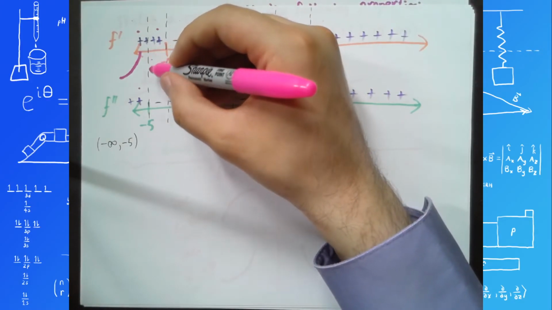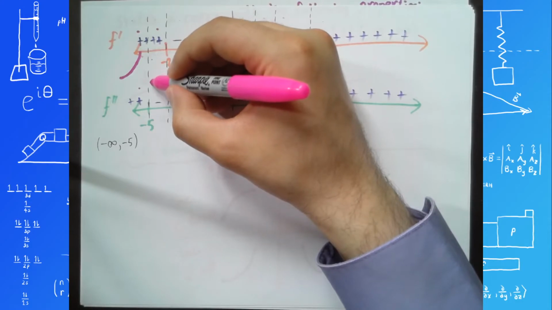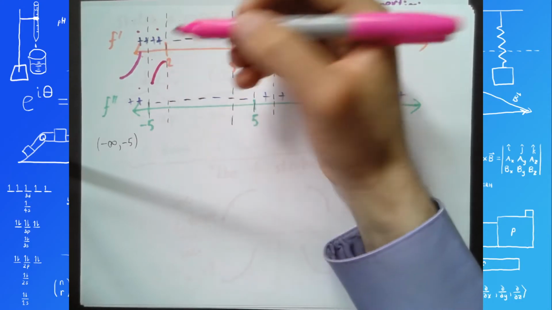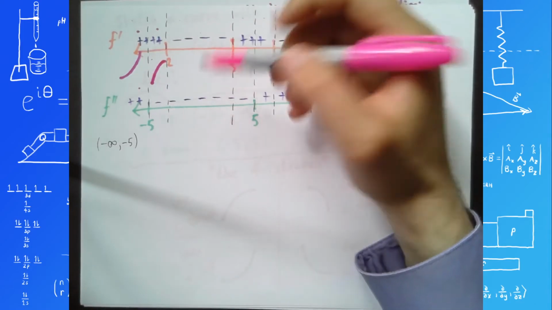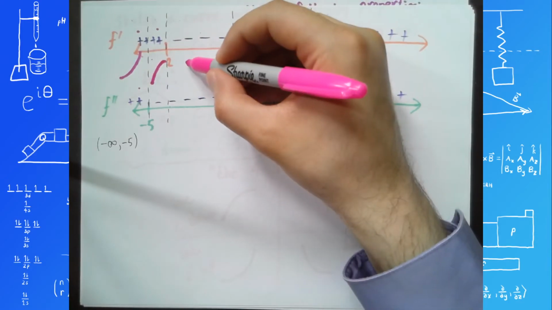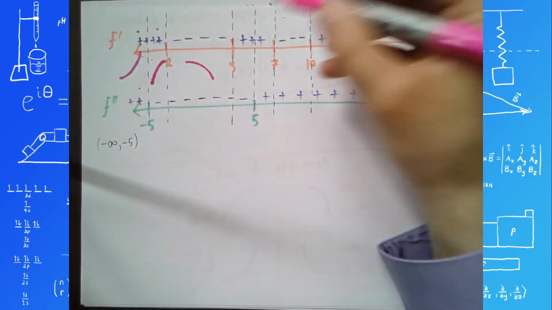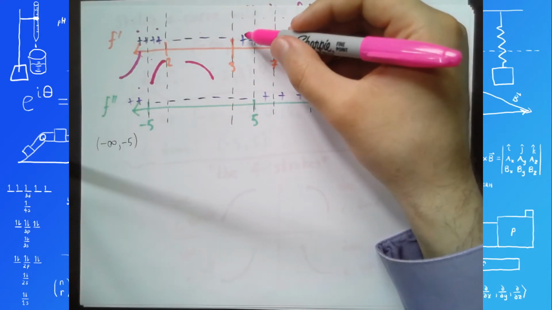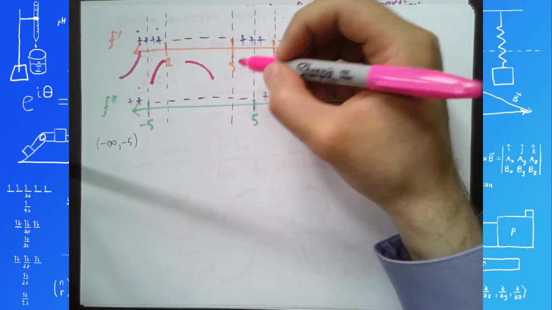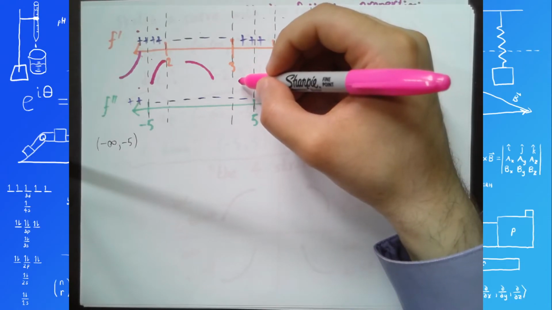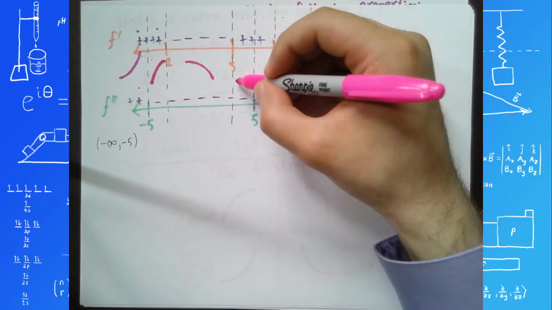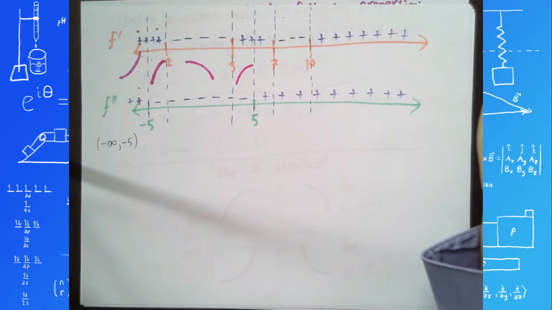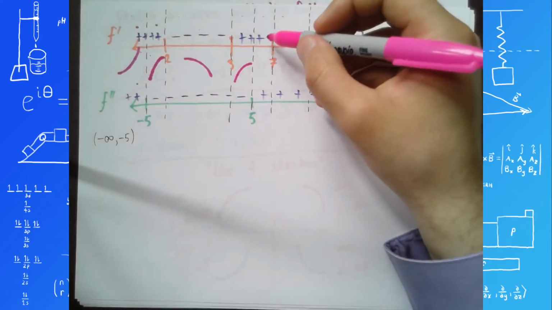That would look like this, increasing concave down. Then we've got decreasing concave down, so that would look like this. Then between 3 and 5, we've got increasing concave down, so that's going to look like, let's see, that. Oh, well, we drew it before.